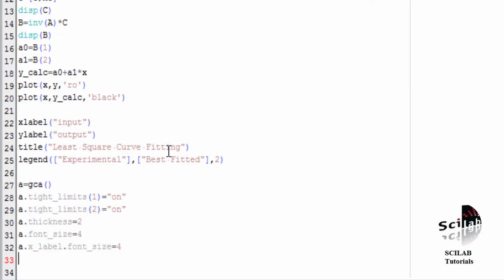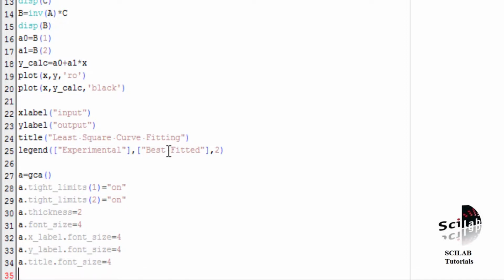Next, a.y_label.font_size is equal to 4. So I have changed the font size of the xlabel and ylabel. Similarly, I can change the font size of the title also: a.title.font_size is equal to 4. So I have kept the font size equal to 4 for all the labels.